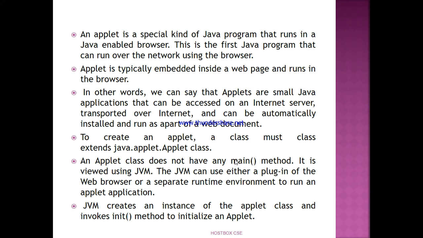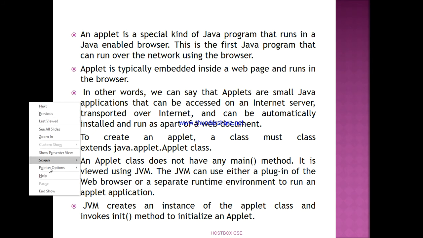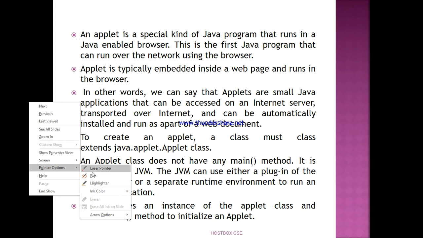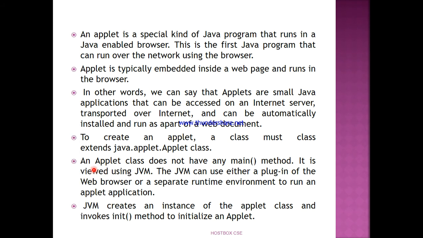An Applet is a kind of Java program that runs in a Java enabled web browser. Remember, this is the first Java program that can run over the network using the browser. Moreover, an Applet is typically embedded inside a web page and runs in the browser.